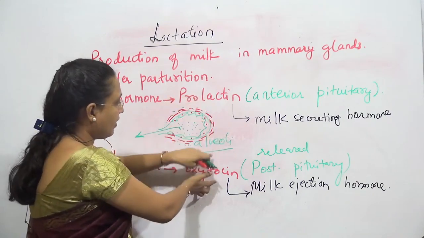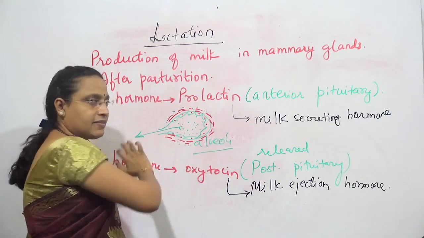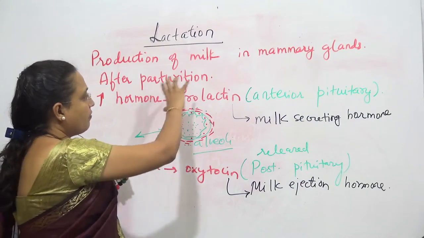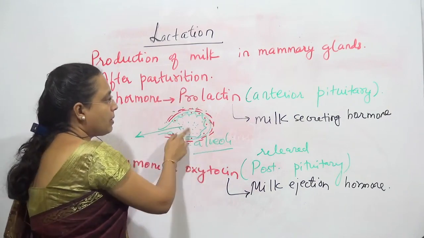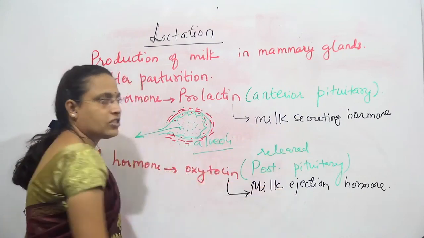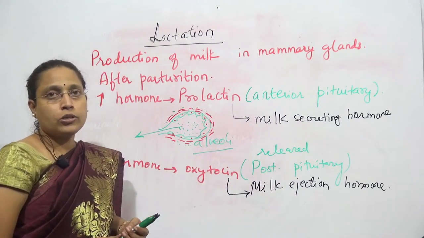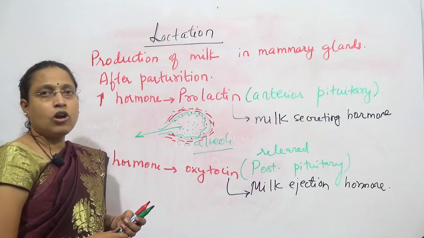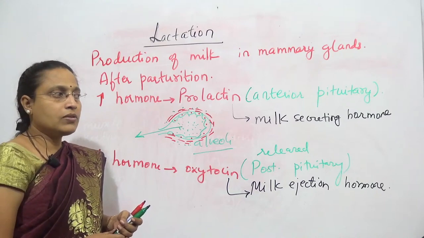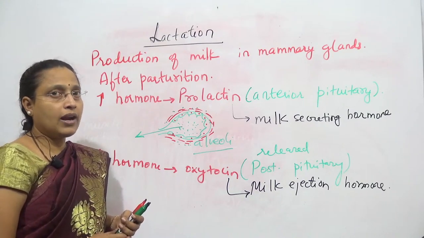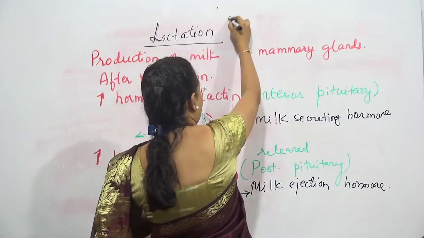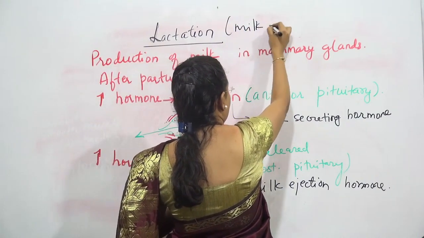So the combined effect will be the secretion of milk as well as ejection of milk. These hormones, through the blood circulatory system, reach their target cells to bring about the secretion and ejection of milk. This reflex is called the lactational milk ejection reflex, and therefore this also is a neuroendocrine mechanism.